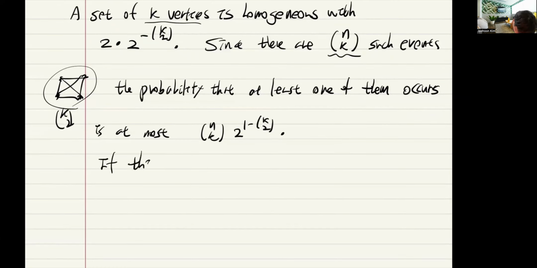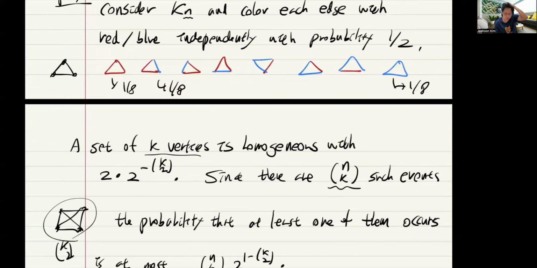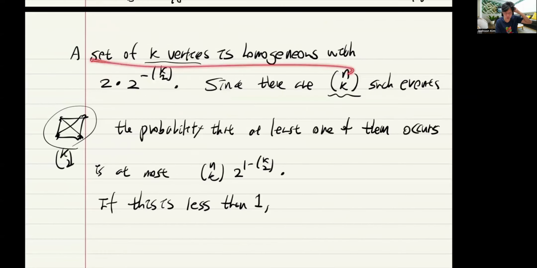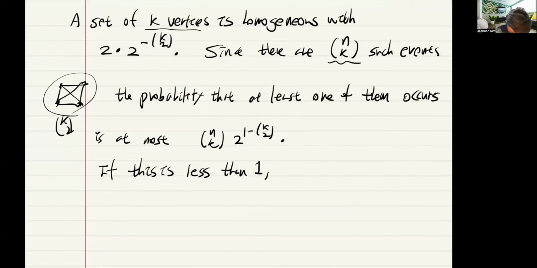If this is less than 1, then with positive probability you will end up with a coloring which avoids all these bad events. That means on n vertices there is a coloring. Sorry, instead of a graph, it's a coloring.